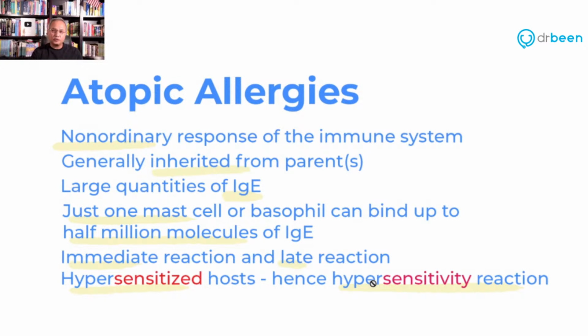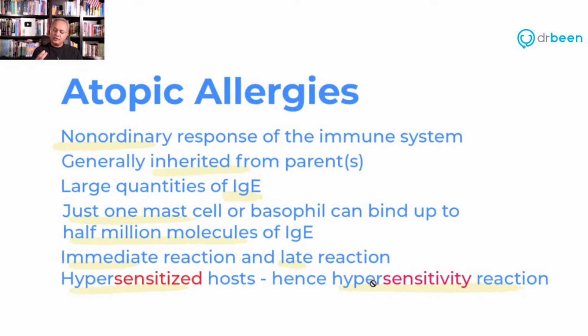So, whatever our immune system attacks, we say that we, the host, are sensitive to it. Now, being sensitive to it is not a problem. For example, if SARS-CoV-2 appears in a person's body and their immune system responds to it normally and wipes it out, that will be sensitization to the SARS-CoV-2 with a normal, understandable, reasonable immune response. Hypersensitivity means that the immune system decided that I'm going to respond overwhelmingly. I'm going to respond more than I should. It is an abnormal response. It is a pathological response.